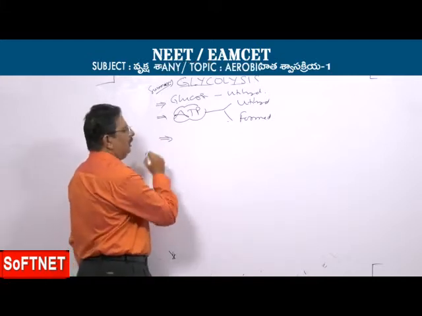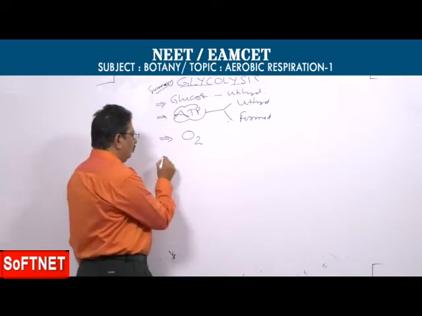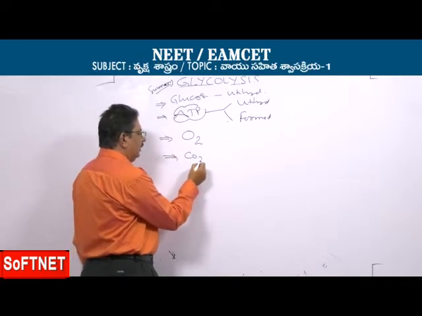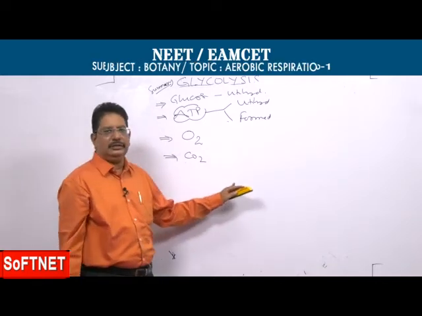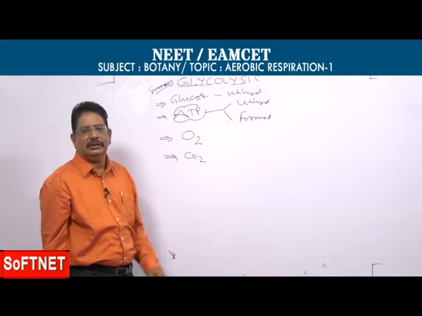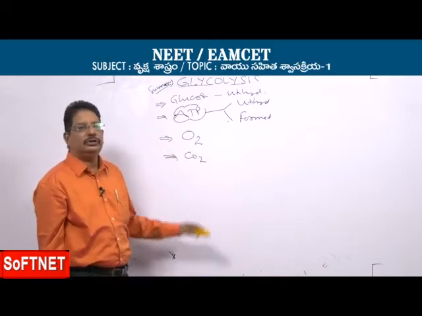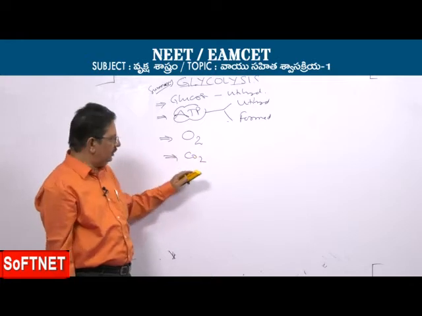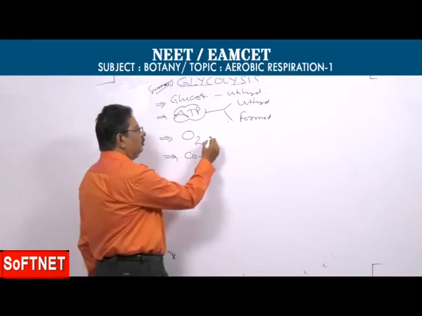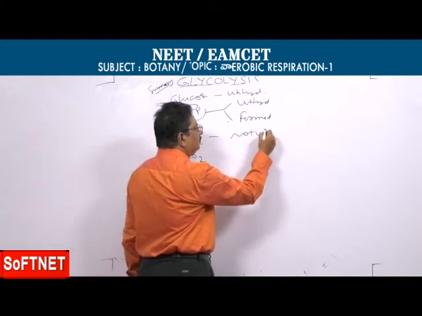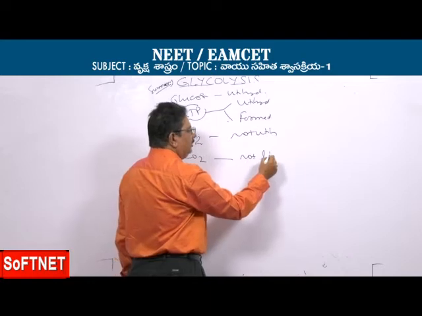And during glycolysis, what about oxygen? What about carbon dioxide? See, after seeing all 10 reactions, step 1 to the last reaction, there is no reaction where O2 is utilized, and also there is no reaction where CO2 is liberated. So, O2 is not utilized, CO2 is not liberated.